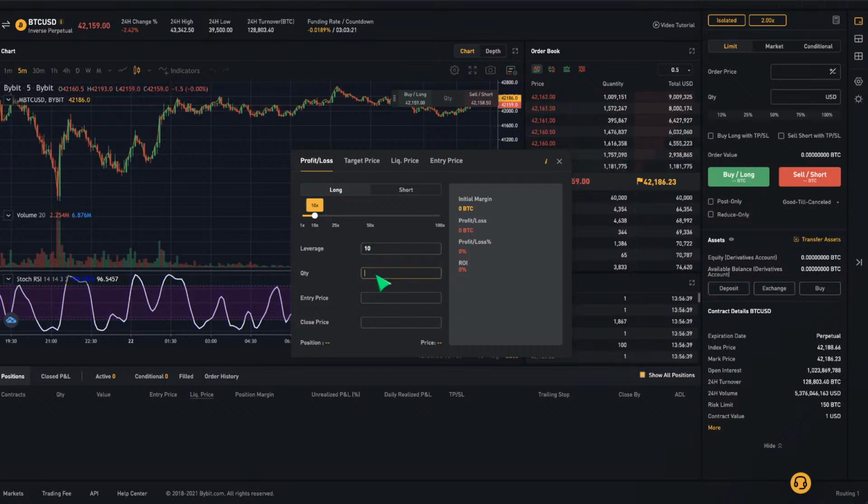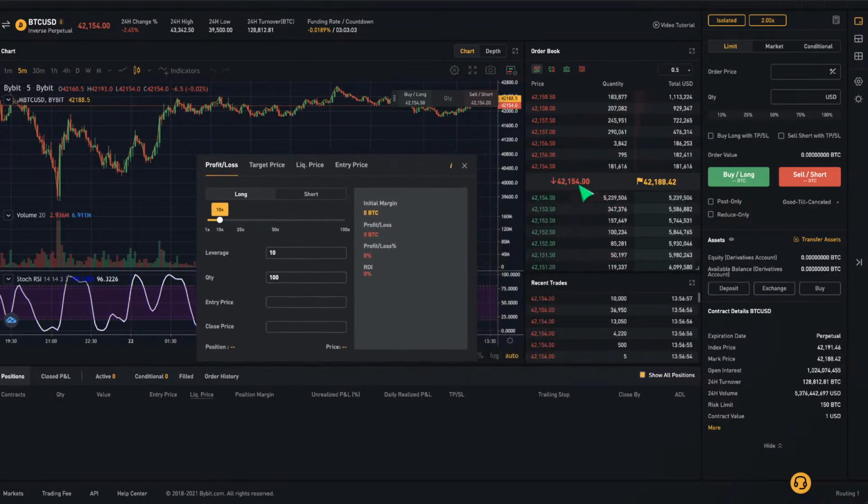And I want to leverage quantity contract. Each contract is $1. So I say I want to leverage, say, $100. That's all I'm asking for. I'm going to leverage 10. That's worth 1,000. And I want to enter at the price, so we can see the entry price right now. Current entry price would be 421454. So let's say entry price 42,200. Let's just call it 42,200.